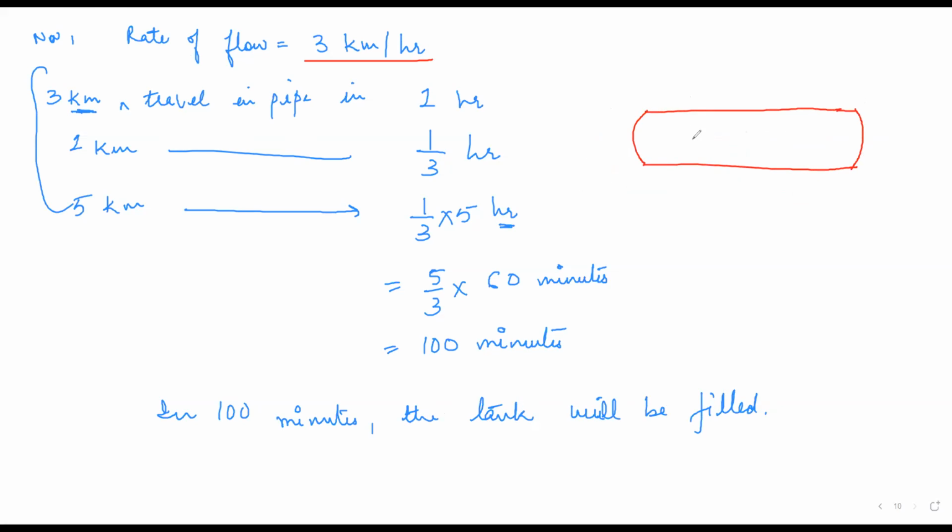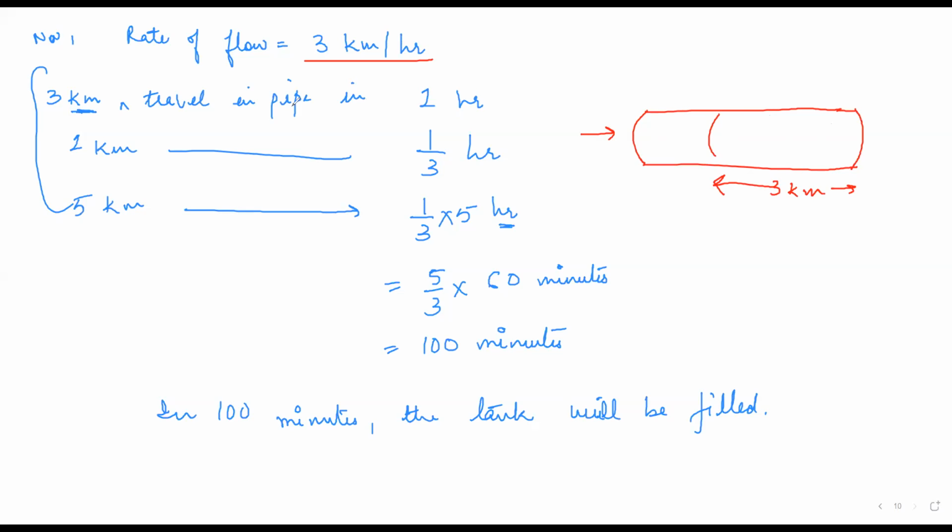Okay. And if you open water from this side, water is actually filling the pipe. So in 1 hour, how much length of the pipe will be filled? Let's say the pipe is filled from here to here. So basically this length will be 3 kilometers. It means that in 1 hour, 3 kilometer length of this pipe will be filled with water. Understood? Okay, ma'am. It means this thing.